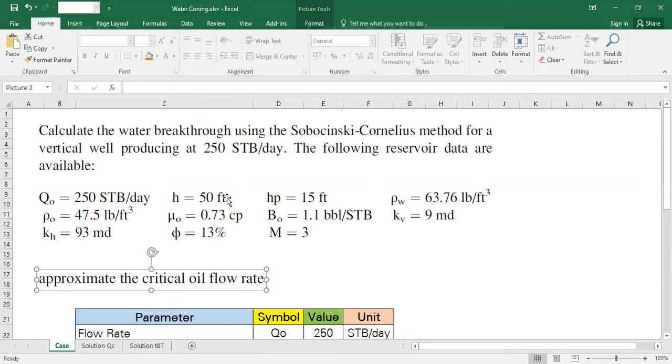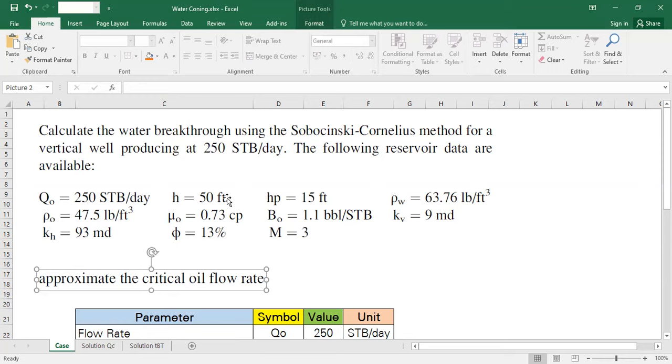Okay, so we will see that actually the flow rate will be quite low and maybe the critical flow rate will not be an economical oil flow rate. This is the case most of the time, critical oil flow rate is too low.